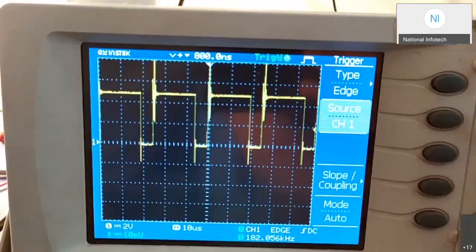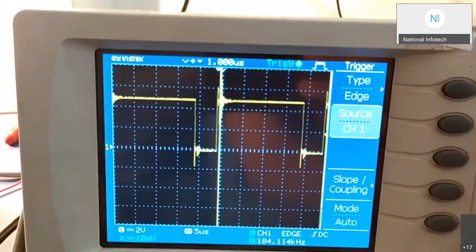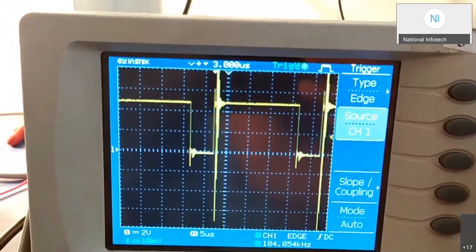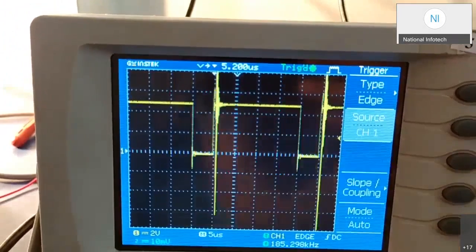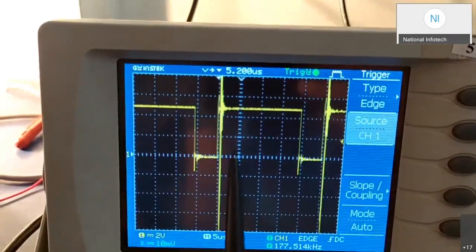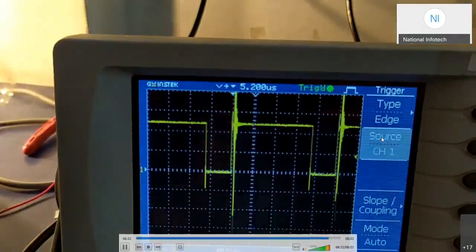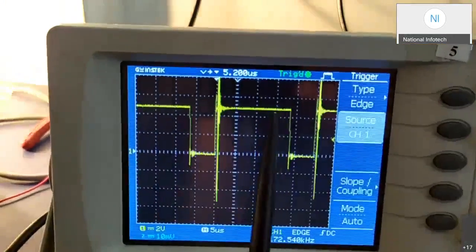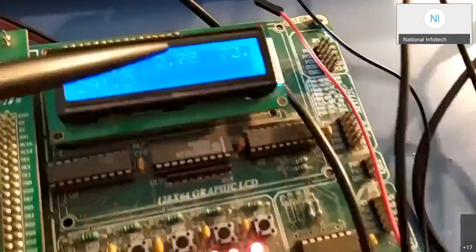Now I am changing the time per division, so you can see that it is now 5 microseconds. You may be able to observe that it is completing in 5 divisions: 1, 2, 3, 4, and 5. The duty cycle you can observe is 75%, and you can also observe it on the DSO LCD scale.